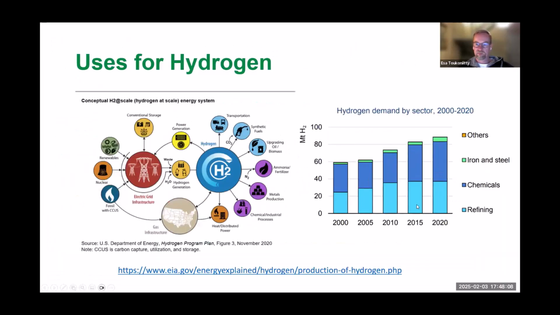And you'll see here some figures regarding hydrogen demand, or how much is being produced. So we are talking about some 80 megatons per year, so quite large amounts.